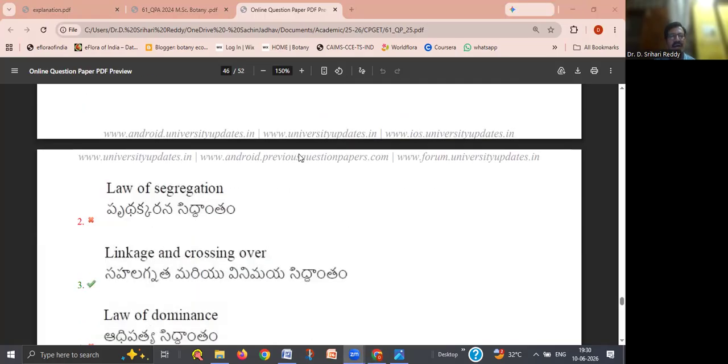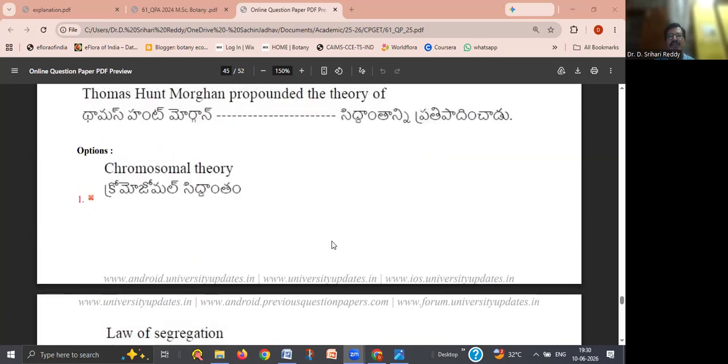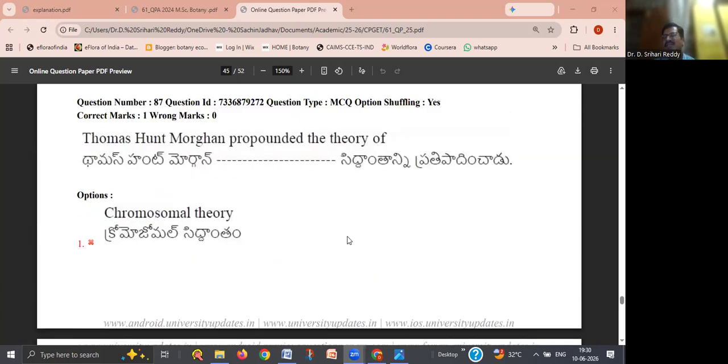And linkage and crossing over. Who explained linkage and crossing over? Where do we find this? What is this linkage and crossing over? You have to remember. Okay, what is crossing over?